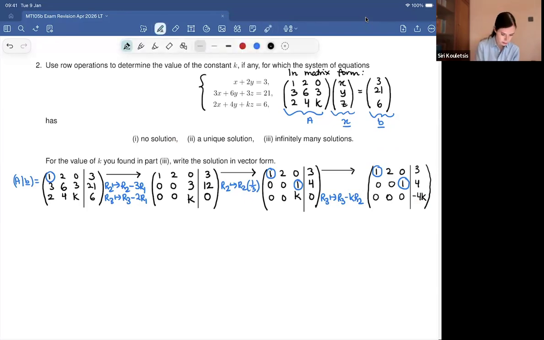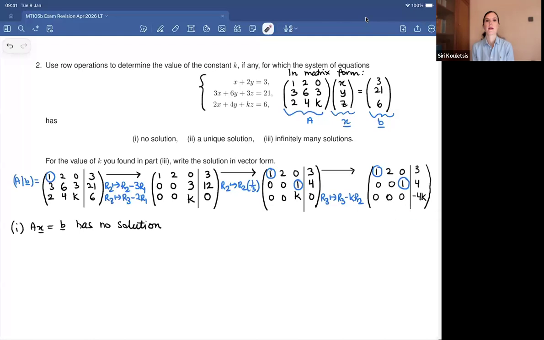Have a think about it. So looking at the last row, we have 0, 0, 0 in the coefficient matrix part here. And then we have this minus 4k. When would that correspond to a system of equations that has no solution?